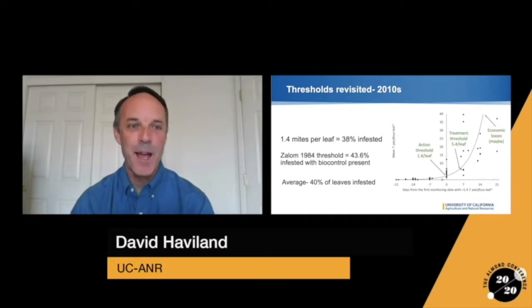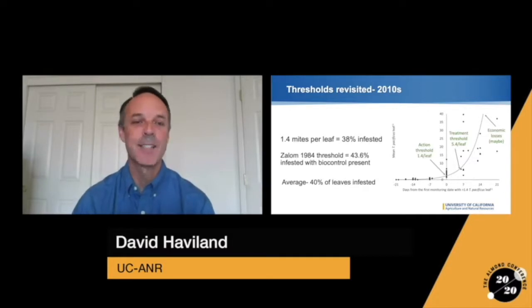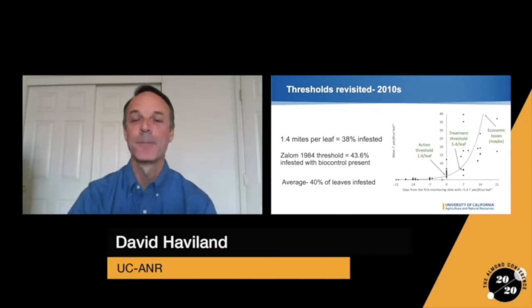If we compare that back to what Frank Zalem and others determined in 1984, they said 43.6. So two completely different methods of very good research, 35 years apart, both showed this exact same number: treatments are not needed unless you have 40% of the leaves infested. Up to that point, you're fine.